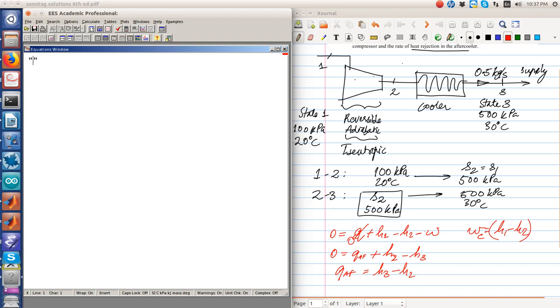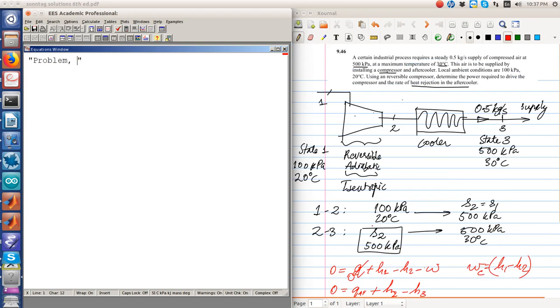So this is problem 9.46. T1 is 20 degrees Celsius, P1 is 100 kilopascal, P2 is 500 kilopascal, S2 is equal to S1, S1 is equal to entropy of steam at T equal to T1, P equal to P1.